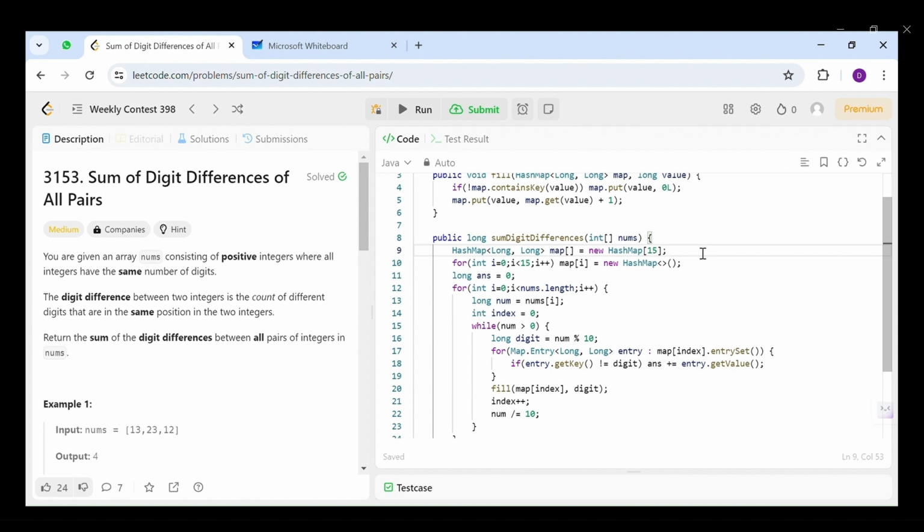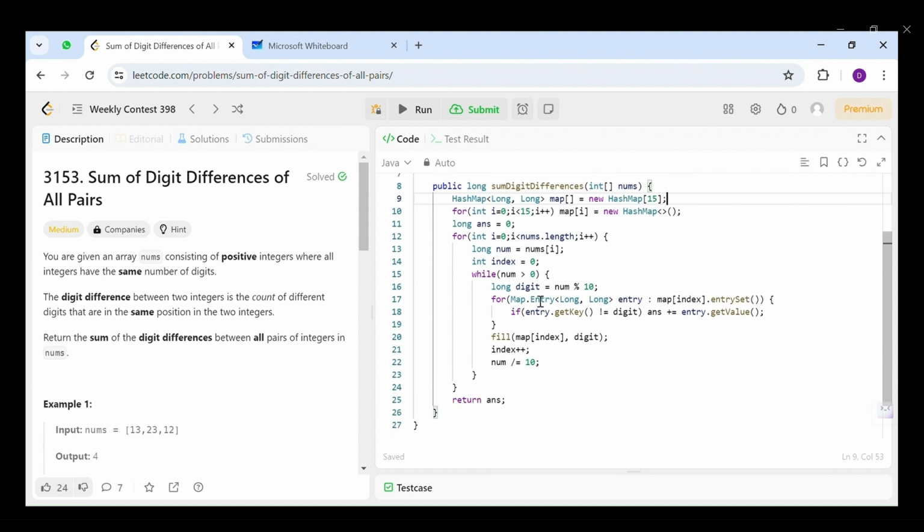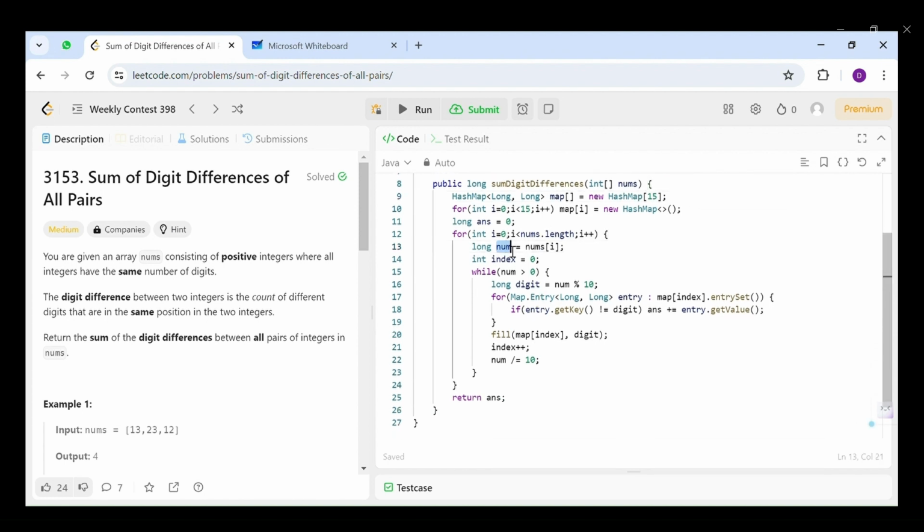Then after defining all of those hash maps, I have iterated in the numbers. After iterating in the numbers, I have assigned num as the current number, and then I am breaking my number into digits. Now index is equal to 0 means ones place, index is equal to 1 means tens place.